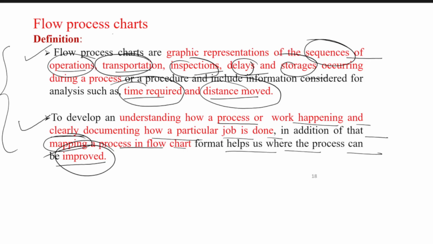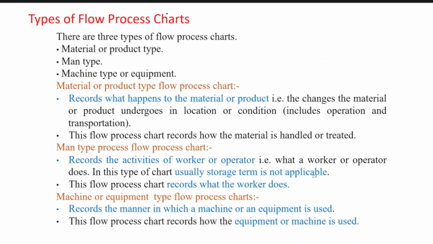Now let us look at the types of flow process chart. There are three main types of flow process chart: material or product type, man type, and machine or equipment type. Now, as the name suggests, the material or product type flow process chart records all the things that are happening to the material or product.